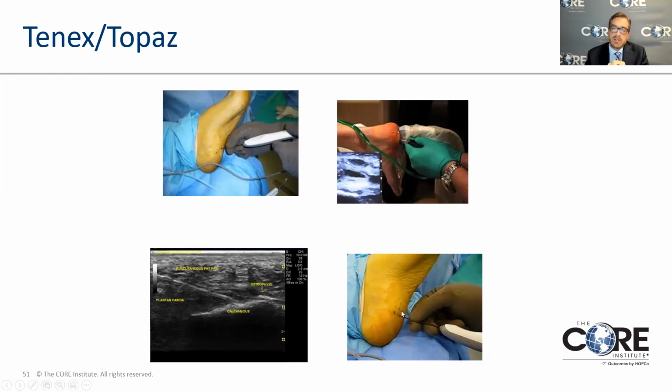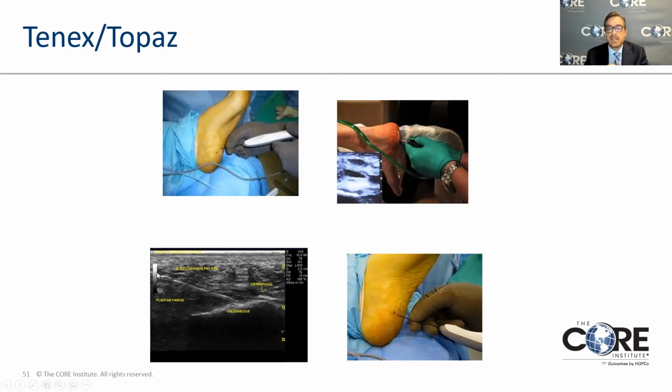And basically what's happening, you can see the doctor in this case has marked a little grid here, like a little checkerboard. And basically this instrument is poked in and out into the plantar fascia in this grid-like fashion. What that does is it's trying to remove some of the damaged plantar fascia to stimulate healing.